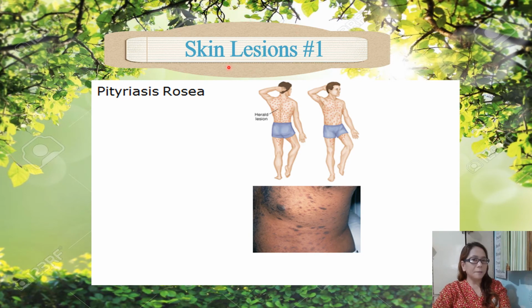So an example of skin lesions, we have what we call pityriasis rosea. It is a relatively common skin condition that causes a temporary rash of raised red scaly patches on the body. This can affect anyone, but it's common daw among children and young adults.